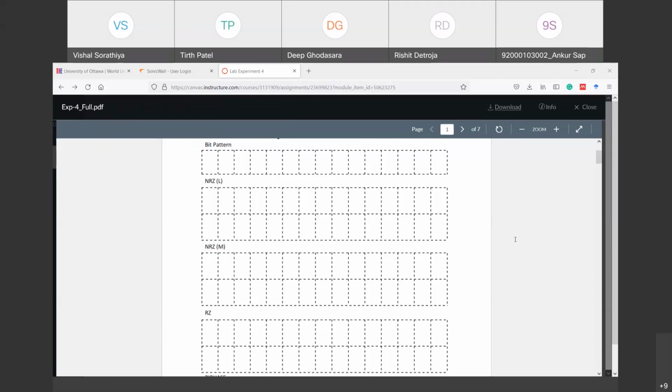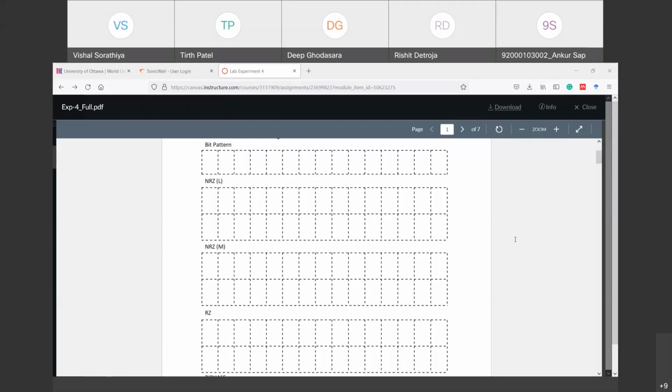The physical layer does the same task: whatever digital data comes in, it converts into the appropriate signal so that the signal transfers through the physical medium. That is a simple definition of the physical layer's task.